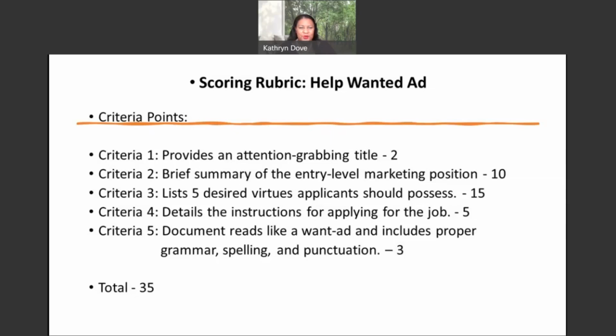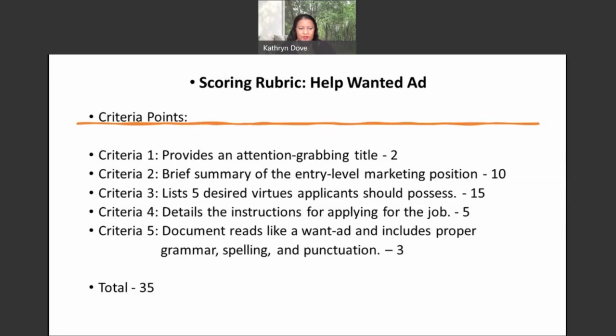So the Module 3 Help Wanted Ad is worth 35 points. In order to get full credit for the assignment, first be sure to create an attention-grabbing title. Include a brief summary of the entry-level marketing position. Do not change the name of the company. Do not change the title of the position.